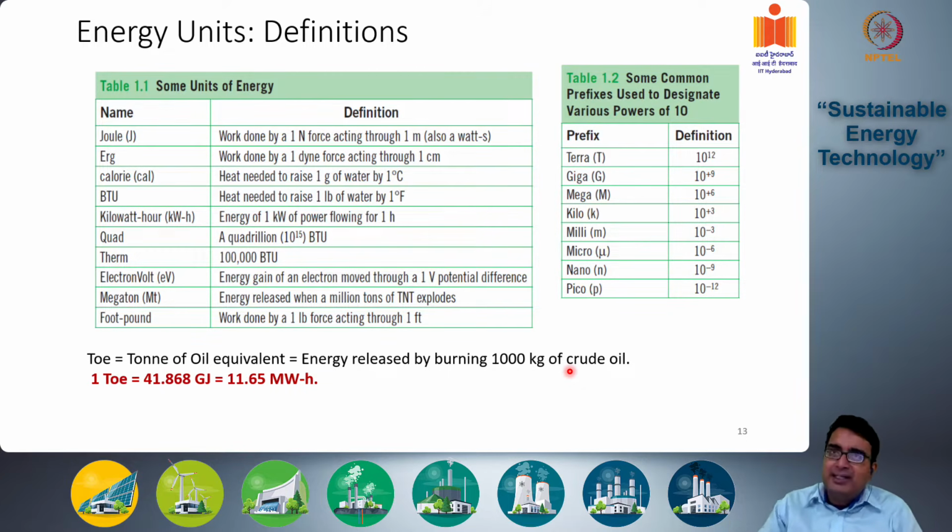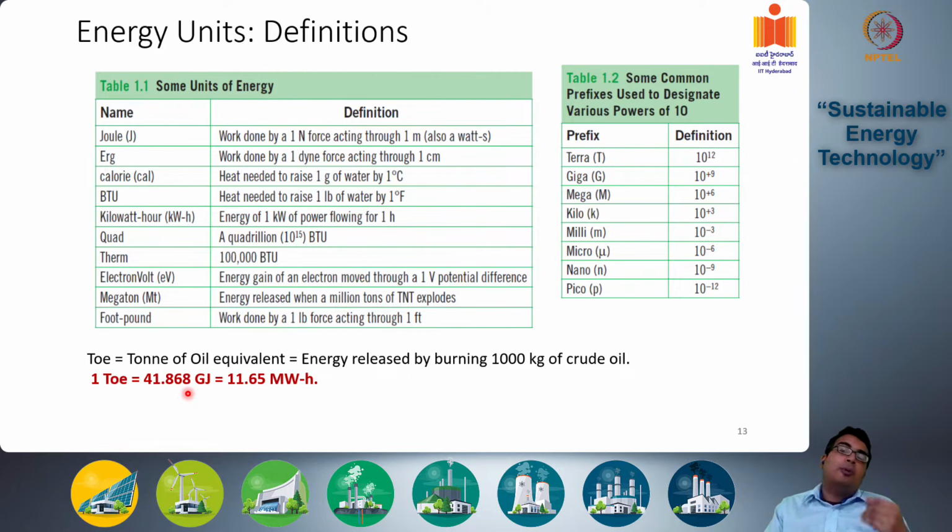Of course, in reality, crude oil does not have a constant amount of energy. Different batches will have different energies. So this has been standardized using some standard petroleum blend, and so 1 ton of oil equivalent is approximately 41.868 gigajoules.